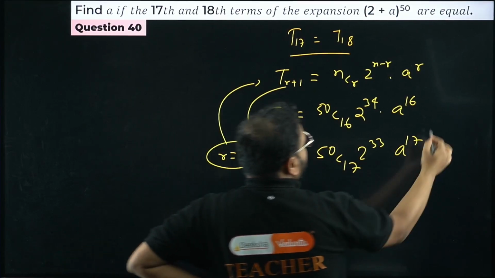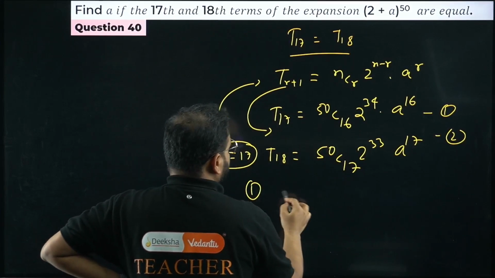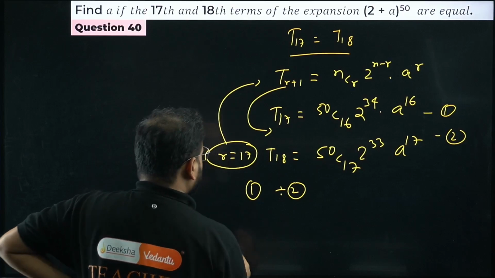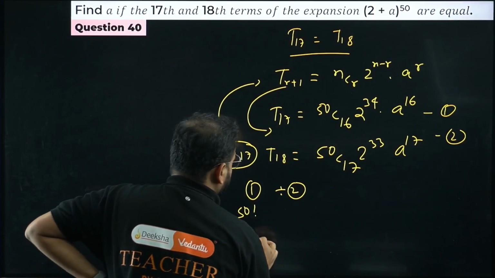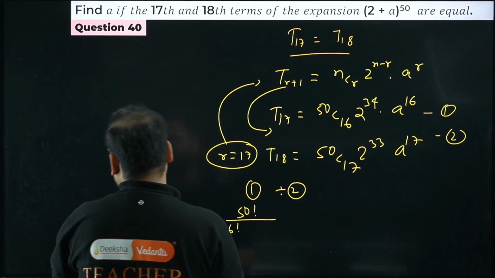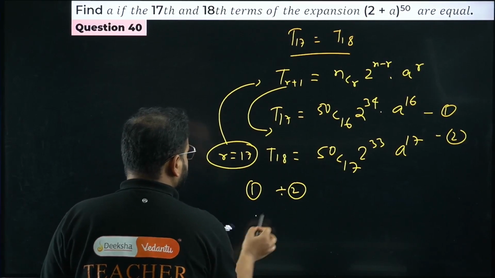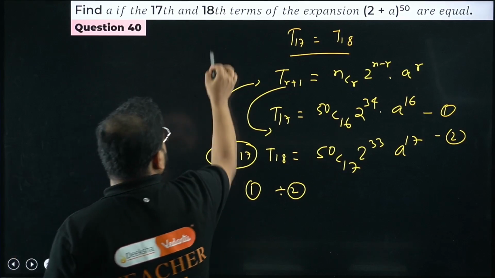Do one thing. 1 and 2 are there, divide them. Divide 1 by 2, what do you get? I need more space for this, so I will solve on this side.